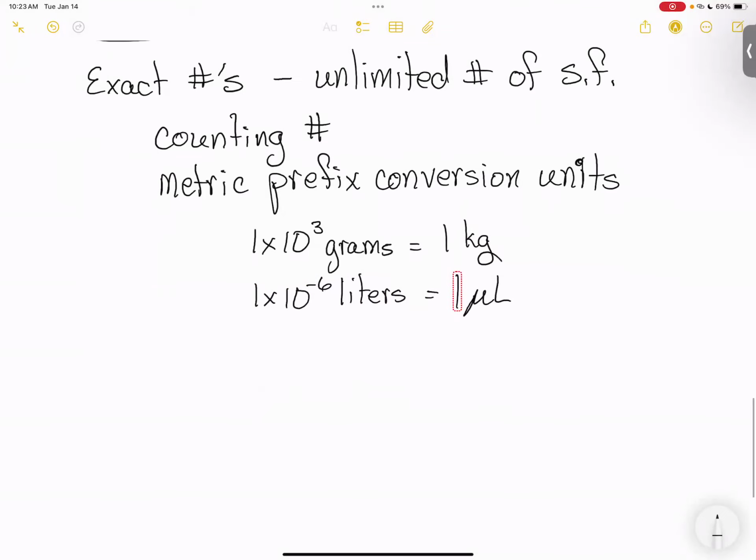Now, it was mentioned a mole. When you use a mole in mole to mole ratios, those are exact numbers.